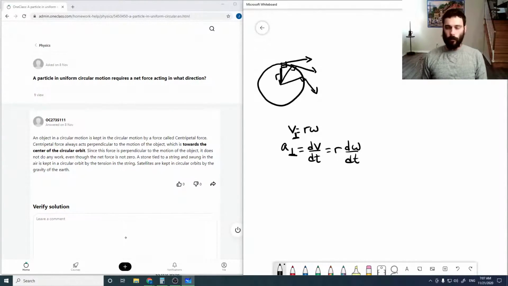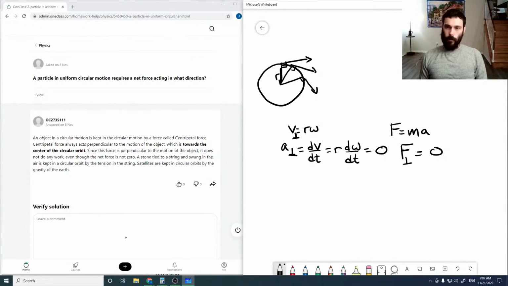And so if we're in uniform circular motion, then our omega is constant, so this will be 0. So that means that if our acceleration perpendicular is 0, that means that our force perpendicular is 0. Right, as F equals ma.